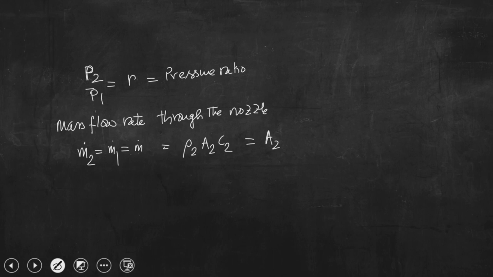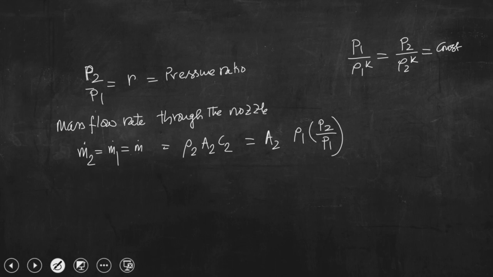Let us take P1 by rho 1 power k equal to P2 by rho 2 power k equal to constant. So, we can write rho 2 equal to rho 1 into P2 by P1 power 1 upon k, into C2.